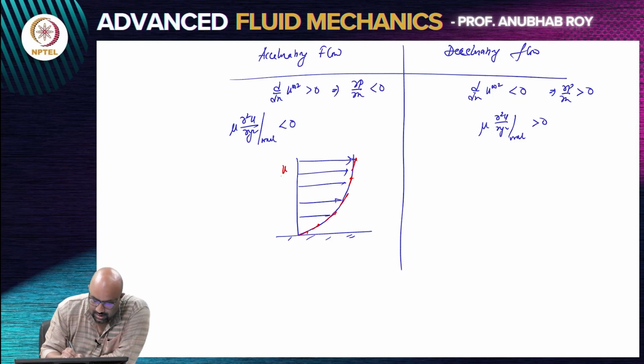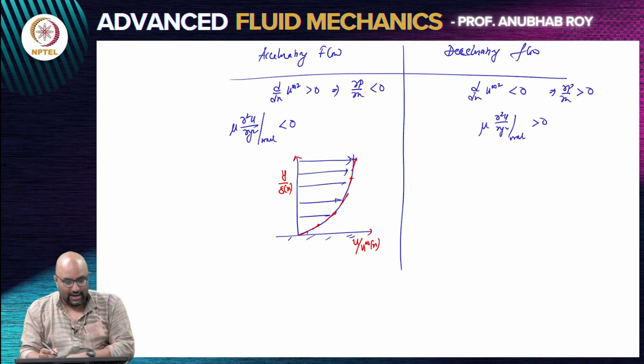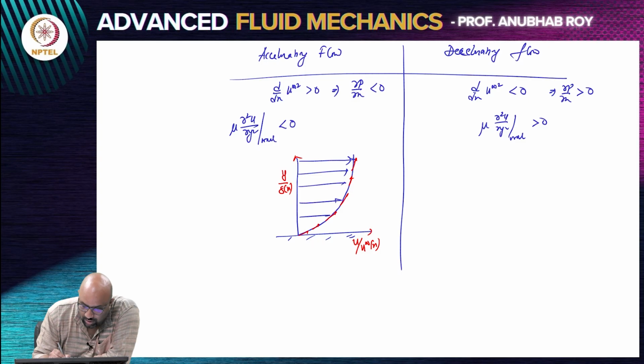So this is u by, let's say, u infinity, this is coordinate y by δ(x), and this is u by u infinity of x. So at any point, if you are computing your slope, which is ∂u/∂y, it is negative.